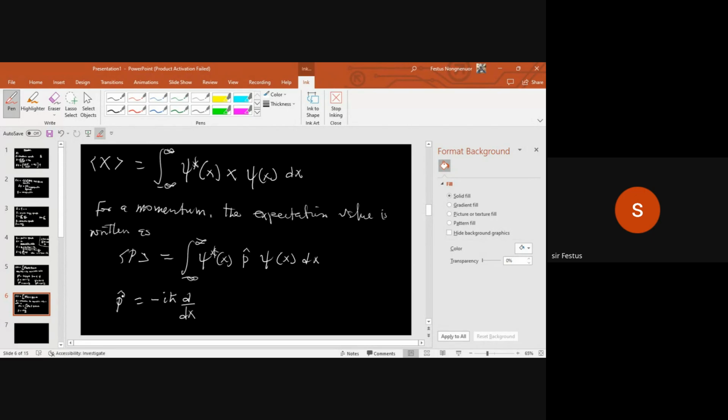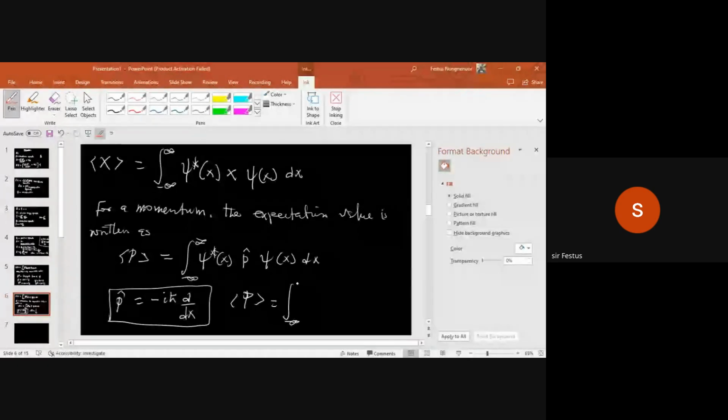Okay, so this is the momentum operator. You go and substitute it here, and you will now write the p as this: the integral from minus infinity to infinity of psi conjugate of x, then my p will now be written as minus i h-bar d on the x, then on psi of x.